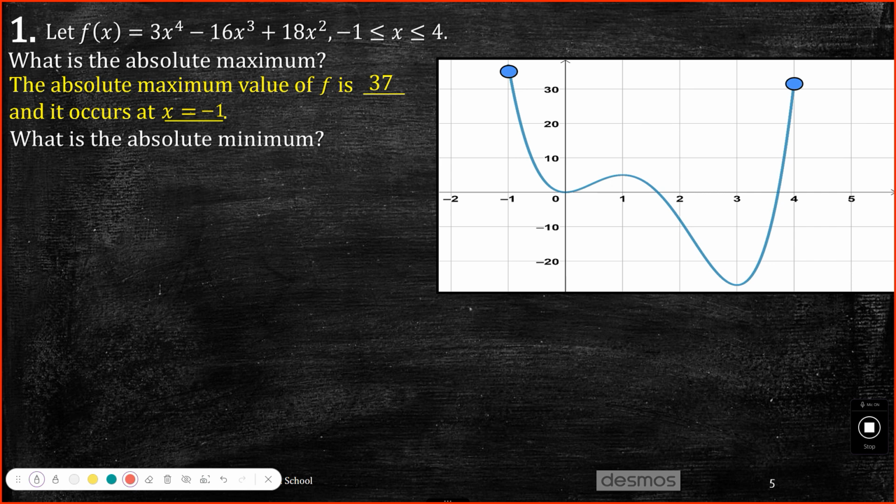Let's go ahead and just do f of -3. What is f of -3?